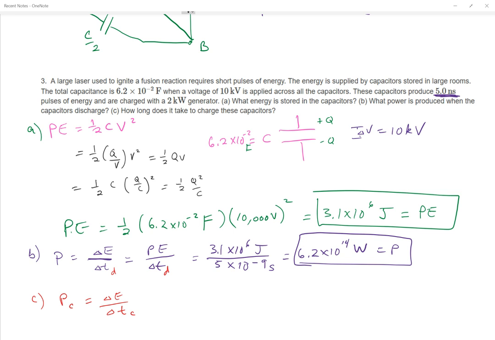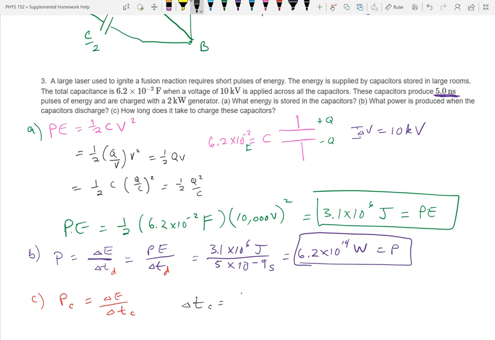Like 1 minus initial? Well, from this equation, we should be able to solve for the change in time charging. So we would have like change in time equals power times, or no, be power divided by something. Well, we need to multiply by delta T_C and divide by P_C.